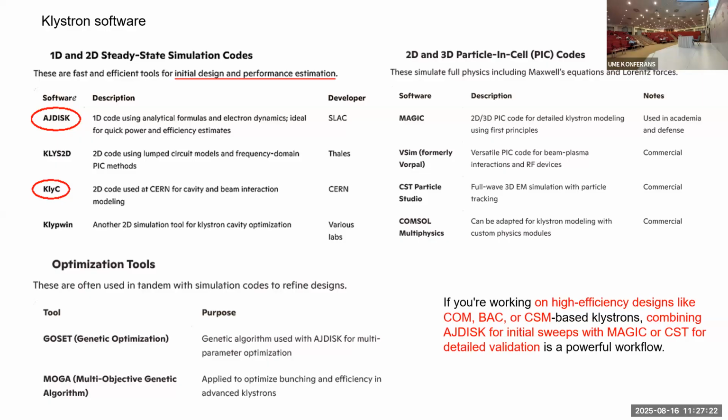And as a note at the right side, AJ Disk, Magic, CST, you have to validate all of the design from here.